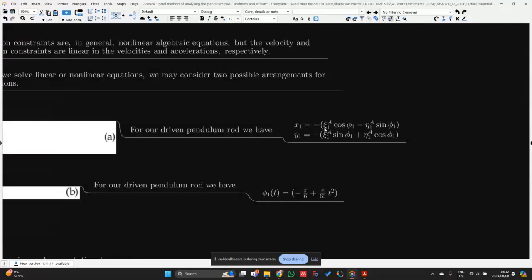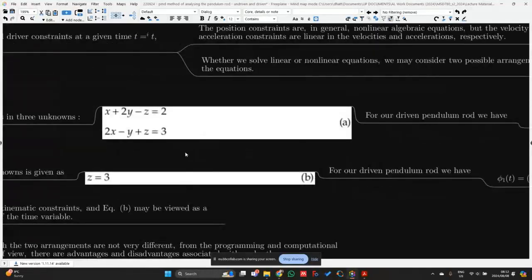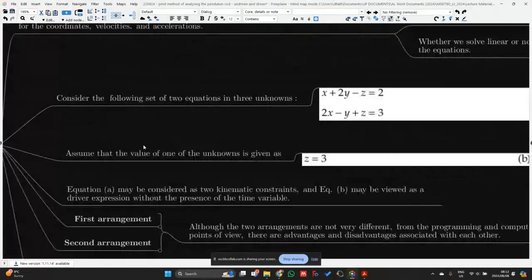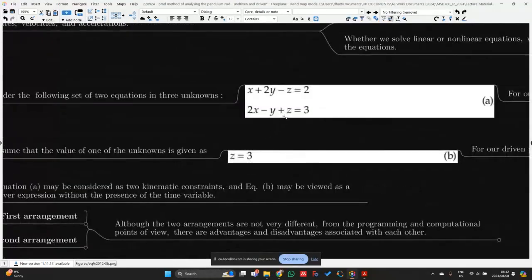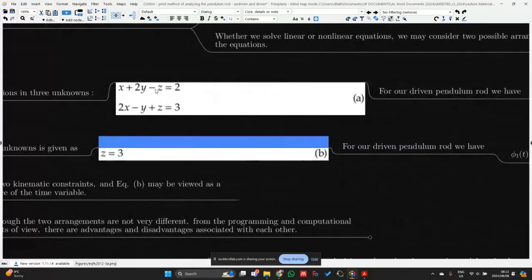This is simply relating the local coordinate system to the global coordinate system for x and y. And if we then assume in this equation A that the value of one of the unknowns is given, so this is z equal to 3, then we can substitute this in, and we will then end up with a system of equations where we have two unknowns and two equations.